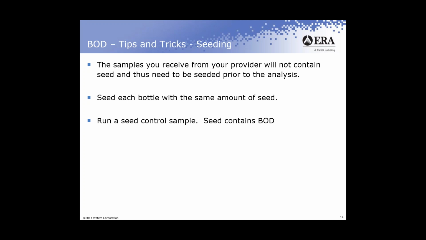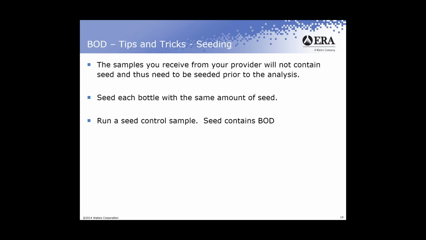A lot of wastewater that comes in, a lot of your raw influent and your non-chlorinated effluents, all have a really good amount of microorganisms and all make really good seeds. Seed is also available commercially, and they call it polyseed or a polymer seed. The polymer seeds are generally of good quality, but they're not as strong as a lot of your raw seeds would be. So if you choose to use a polymer seed, you want to use a little bit more of that seed as it's not as strong.